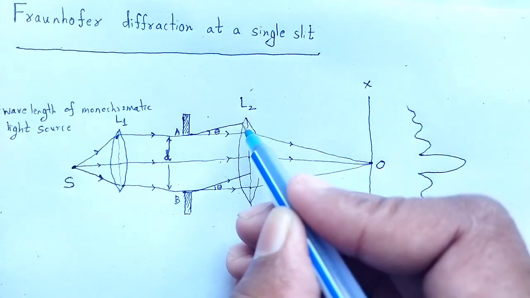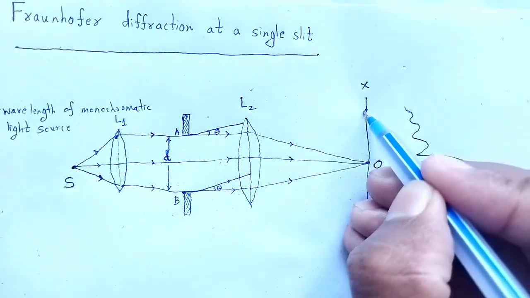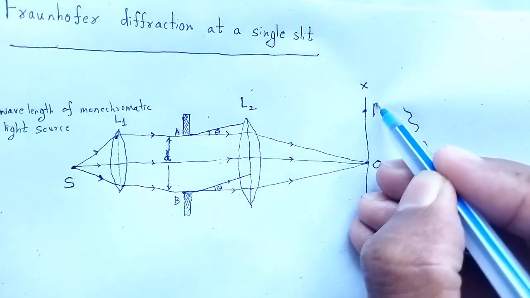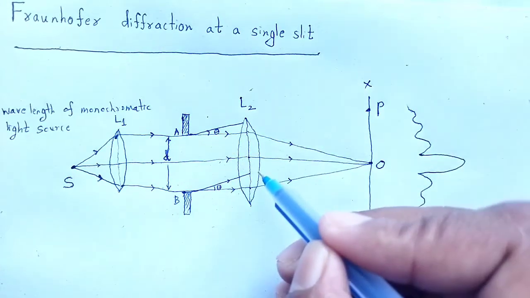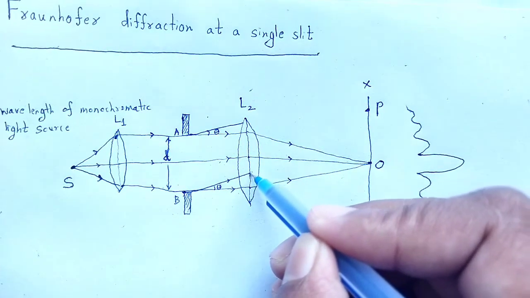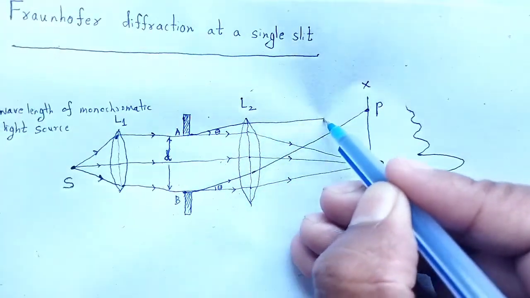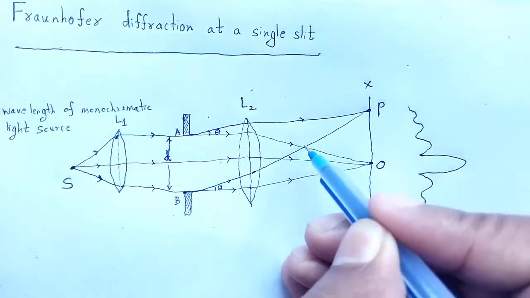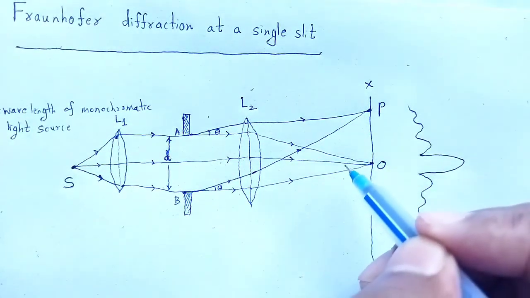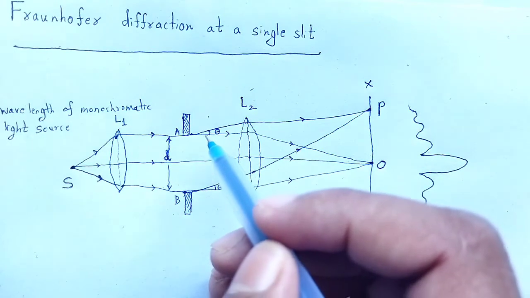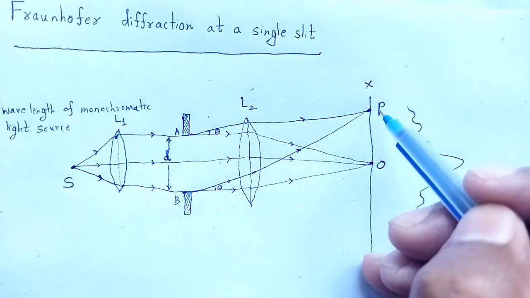Due to the angle of diffraction theta, let us take the observation point on the screen to be point P. These two light waves are superimposed at point P. In this way, due to the angle of diffraction theta, we observe a diffraction pattern at point P.